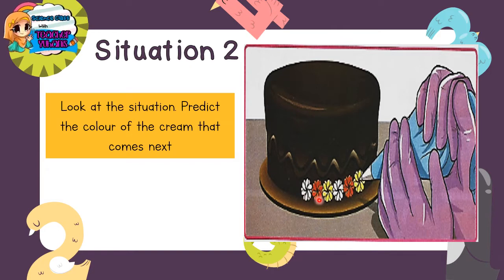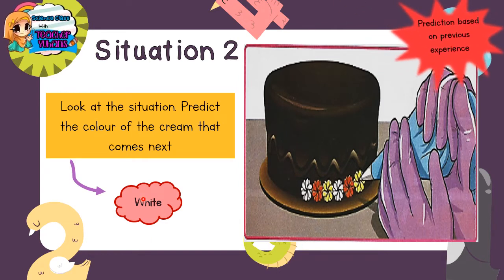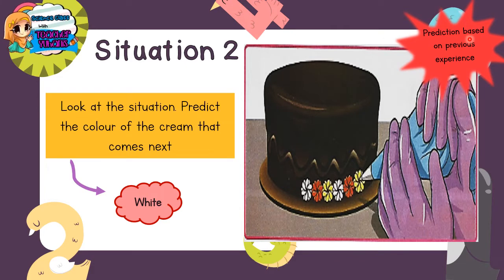White, red, yellow. White, red, and yellow. Do you know what color comes next? Yes, it's white. This prediction is based on previous experience.